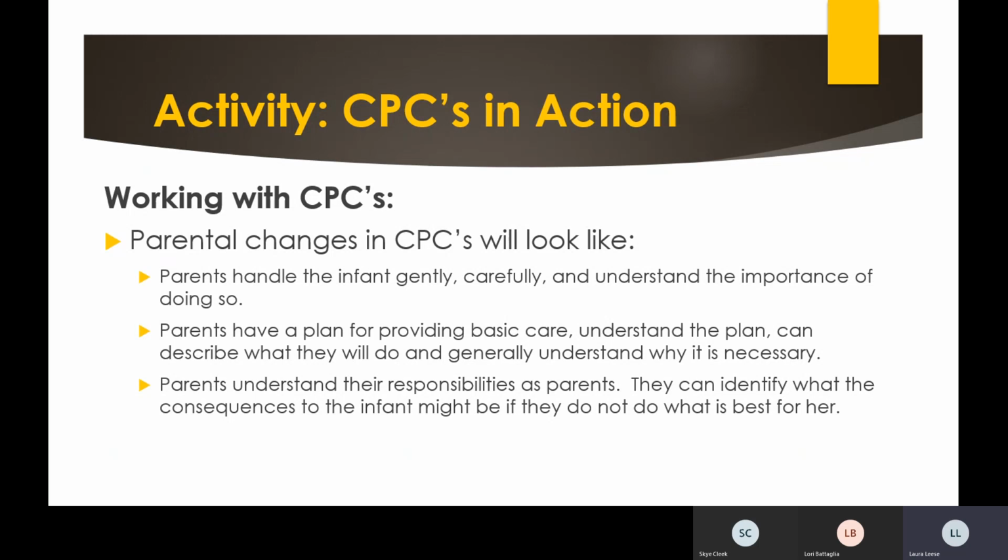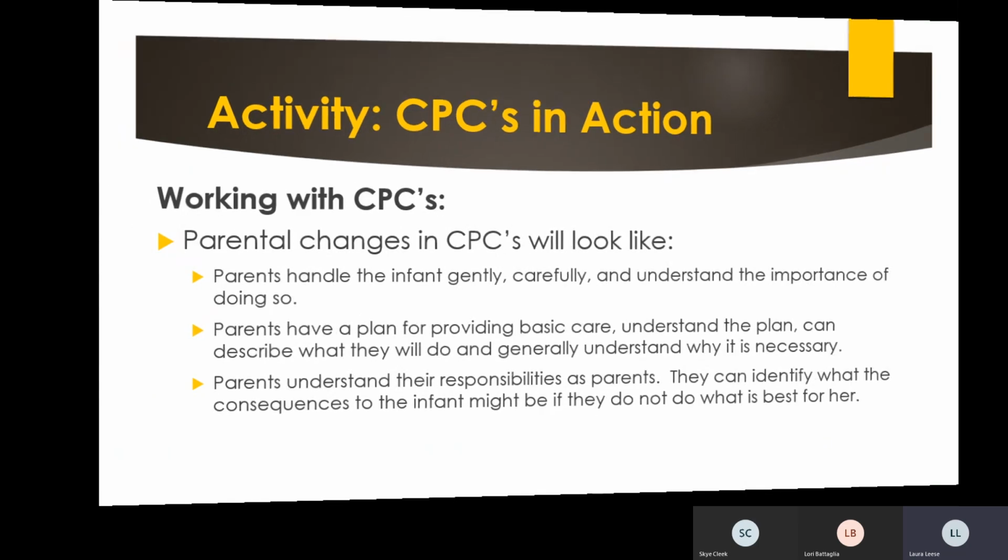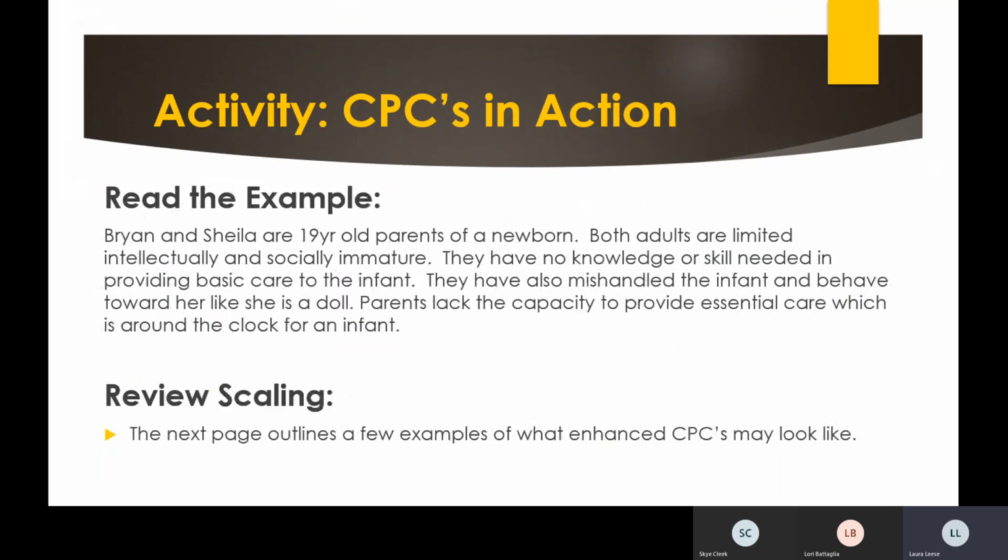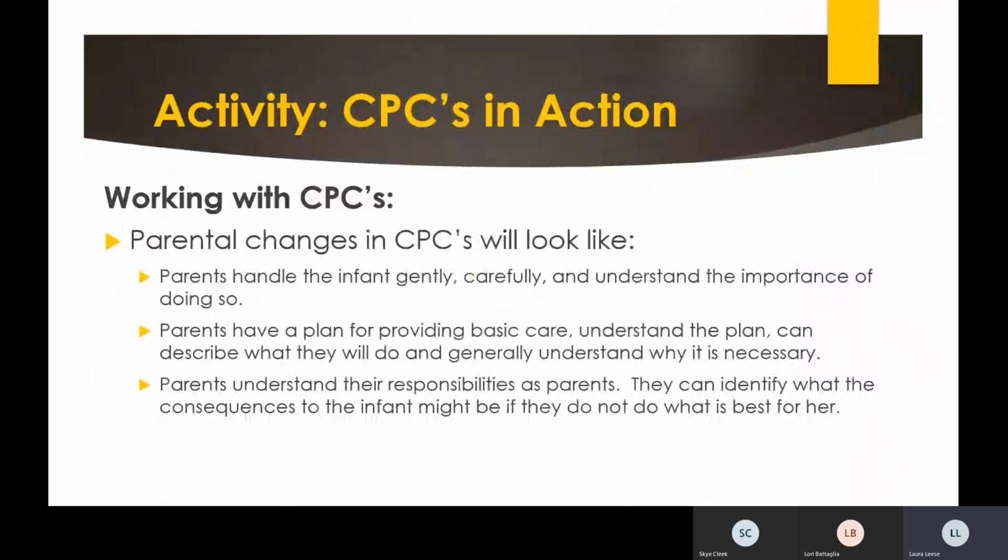For the high level example that we had here, these are the 3 minimum things that would need to be changed and enhanced in the parental capacities in order for the child to be safe. And if you look at it, it is absolutely demonstrating in their 3 areas of behavioral, emotional, and cognitive.